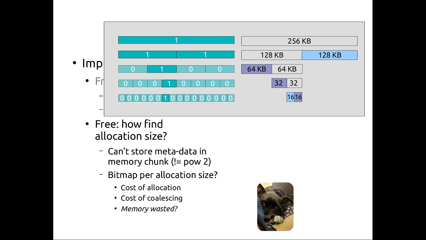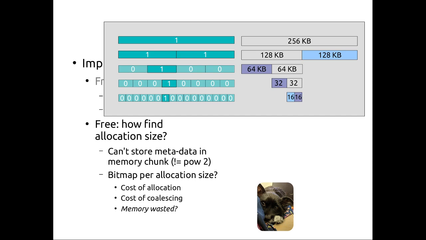It's been used for 2 allocations, the 16 kilobyte and the 128 kilobyte one. We go to the next level of granularity and we have a bit per 128 kilobyte region, and we can see that both of those are 1 as well, because there is an allocation in both of those chunks of that size. We keep going down and we start seeing that we have some zeros.